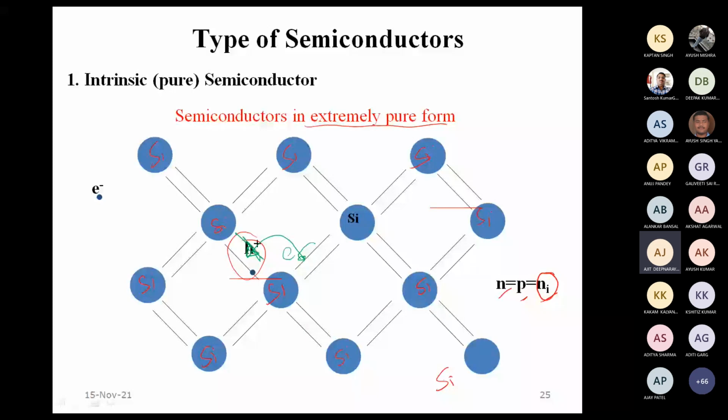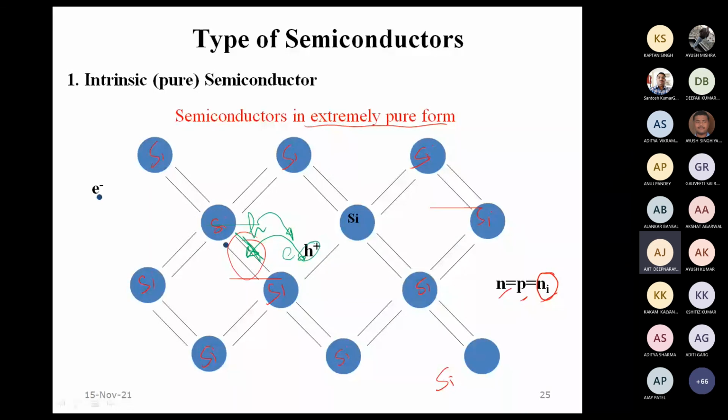So we see that the hole that was present initially here now seems as if it has moved from one place to another. Because the hole was carrying a positive-like characteristic, we say that this positive characteristic has moved from one place to another.